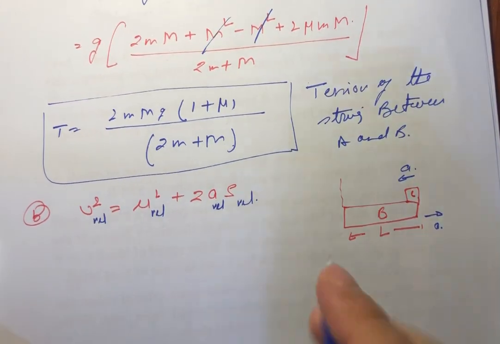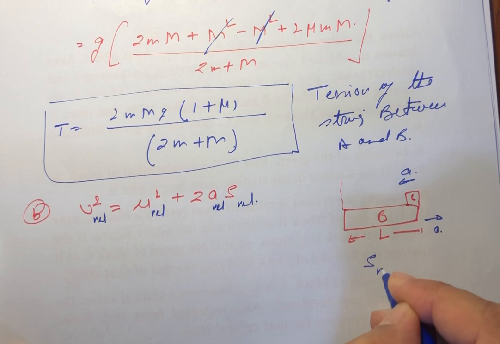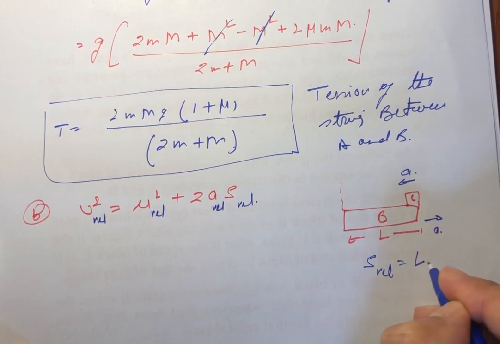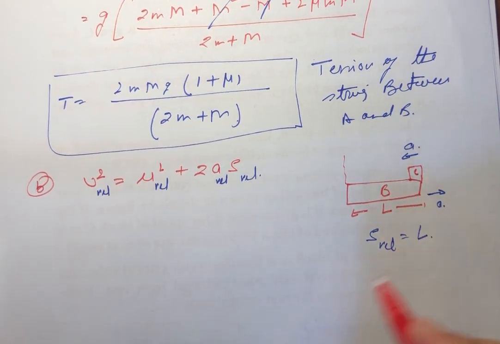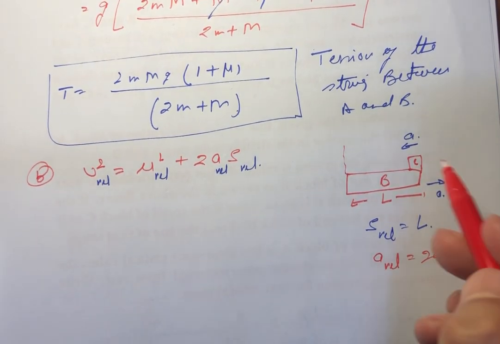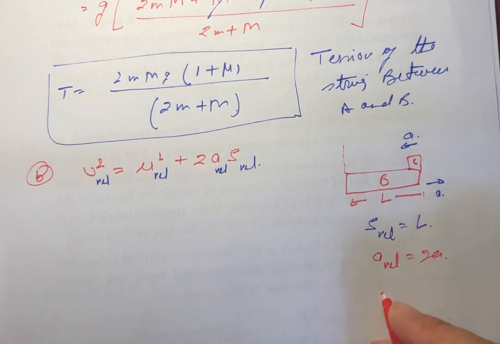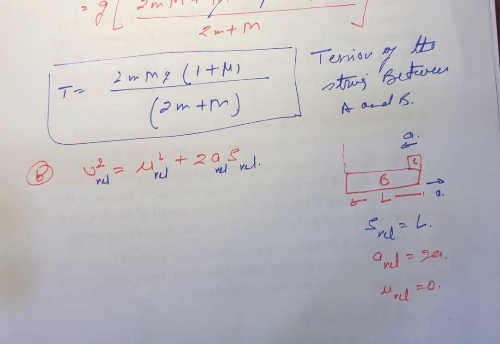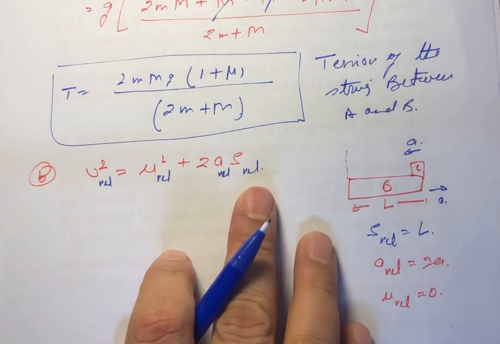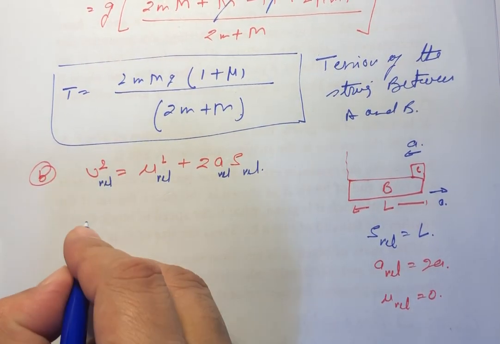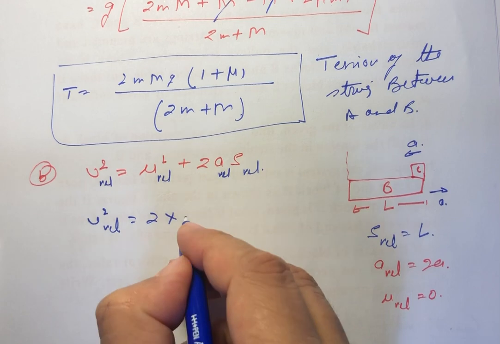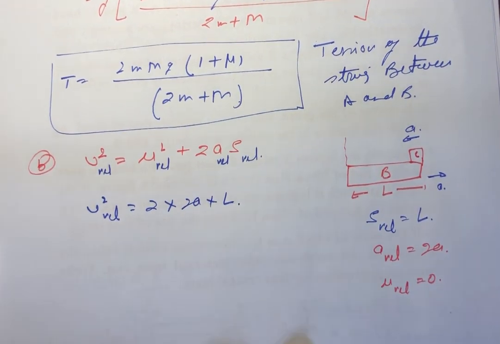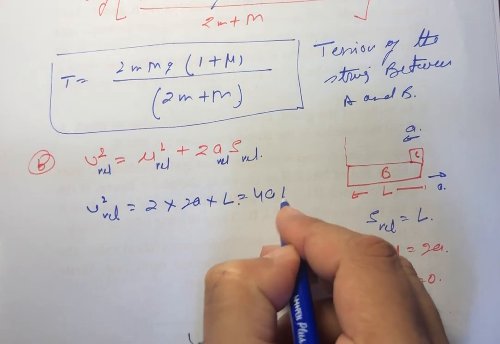And the s relative is given as L, and a relative, they are in opposite direction, so we have a relative coming as 2a, and block C starts from rest, so it means u relative will be equal to 0. So we put all these values in this equation, we get v square relative is equal to 2a into L. So we can write this as 4aL.